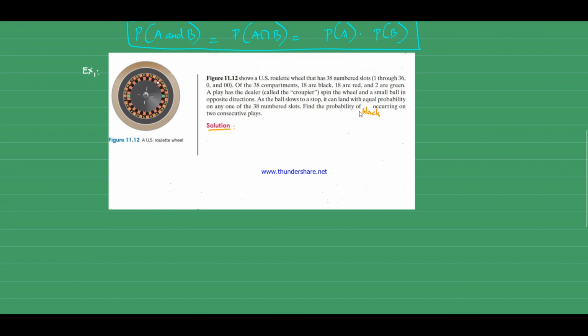If in the first play you have black, it's not going to affect the second play, right? Because the second play could be black also, so they're not affecting each other. So in order to do this, you're going to calculate the probability of black.